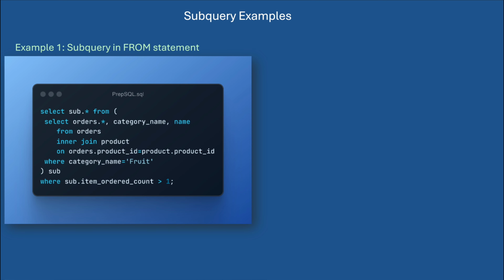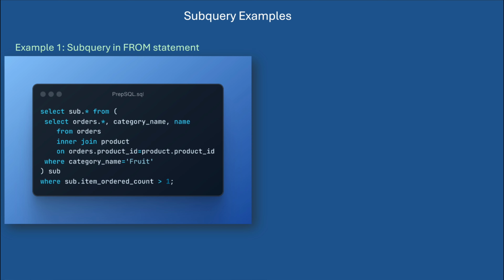The first example is the subquery in the FROM statement. Let's get all the orders whose category is fruit and order count is more than 1. In this query we select sub.*, where asterisk represents all the columns in the subquery.